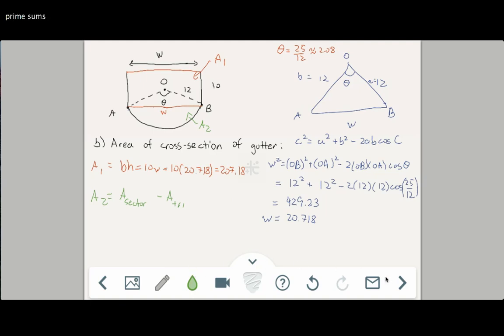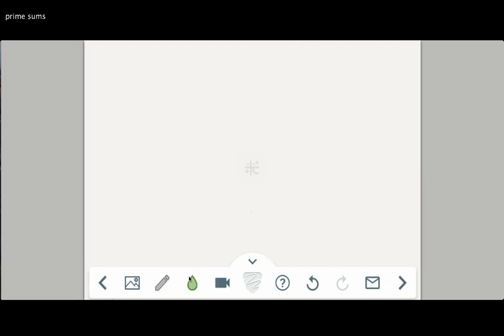Well, let's go to a new page here. So we have this sector, which I'm having trouble drawing. It looks like this. OAB, the radius is 12, and the angle is theta, which is 2.08 radians, or more exactly, 25/12.